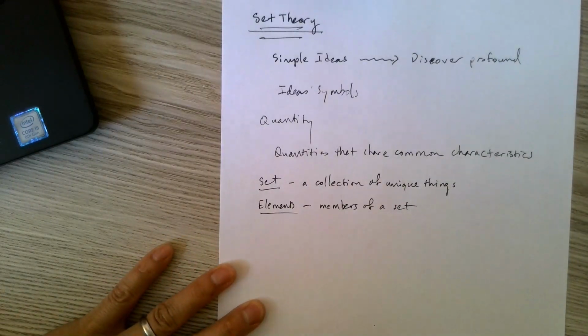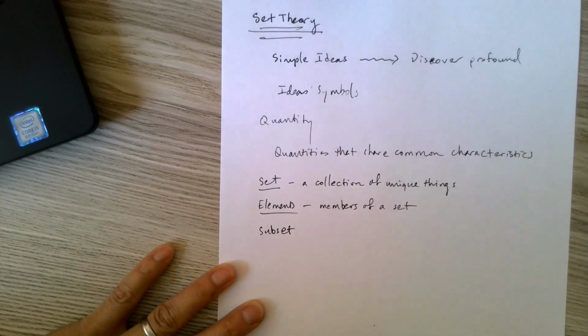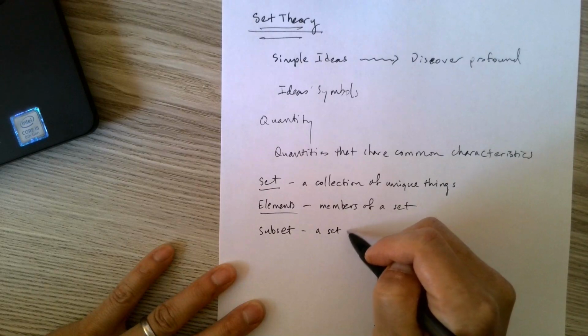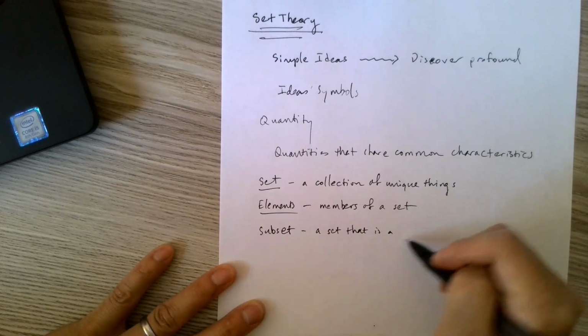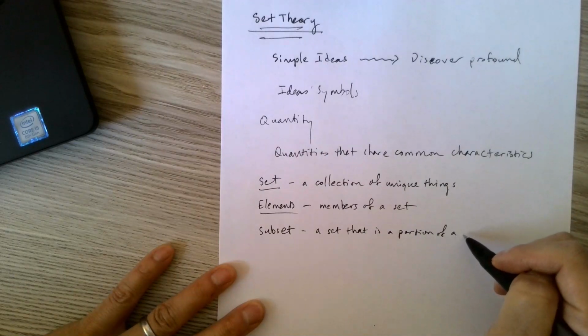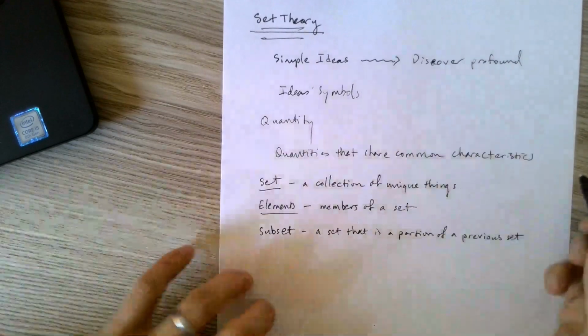What if I only want to talk about some of the elements in the set and group that smaller group of elements from that set and just focus on that group? Well, I can call that a subset. A subset is a set that is a portion of, I'll say a previous set, a set that you already know about.